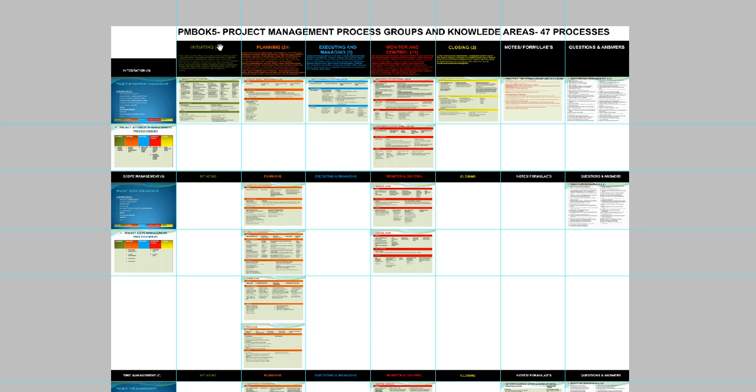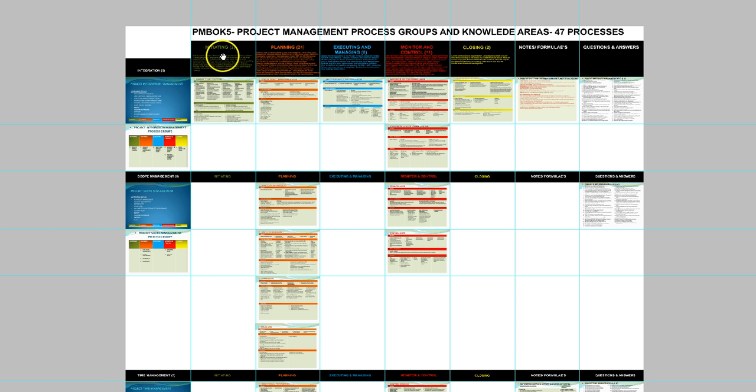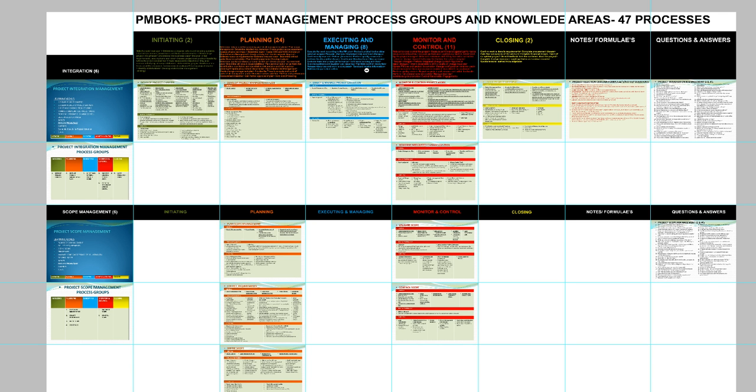I have managed to put everything onto a grid, and everything is color coded the way that you see over here in the presentation slide. Now PMBOK 5, for the project management professional exam, has 47 processes that you can see over here. They are divided into process groups and knowledge areas.